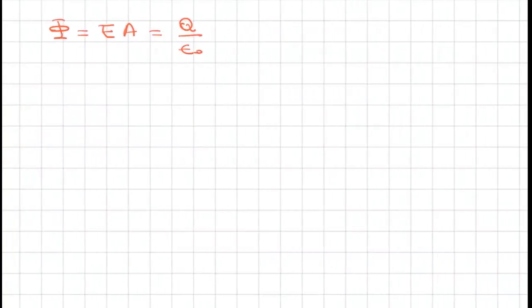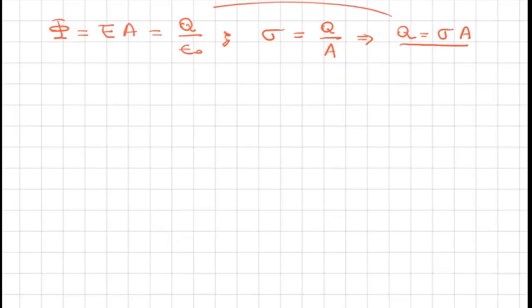What we do here is use the definition of the surface charge density. The surface charge density is the charge divided by the area where the charge is contained. So if we clear the charge, we get that the charge is equal to the charge density multiplying the area. We take this equation and replace it into this one.